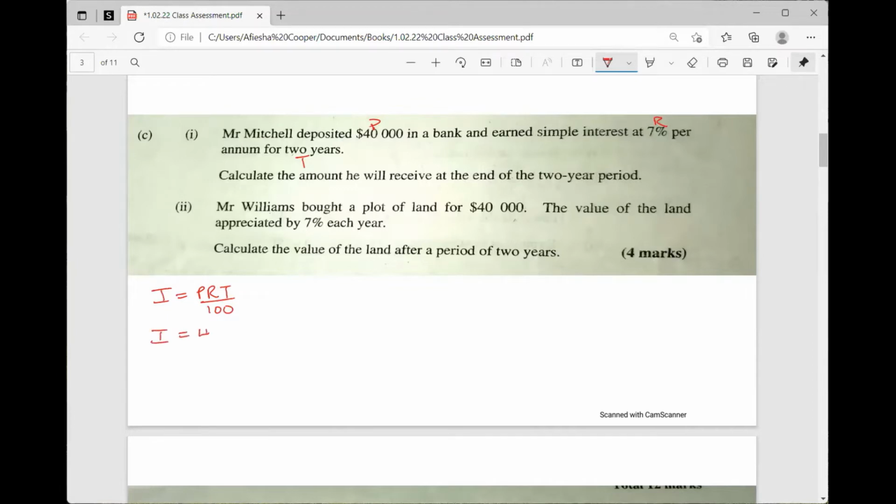I is equal to 40,000 by 7 by 2 all over 100, right? This just gives me 400 multiplied by 7 multiplied by 2, which gives me 5,600, and that's my simple interest.